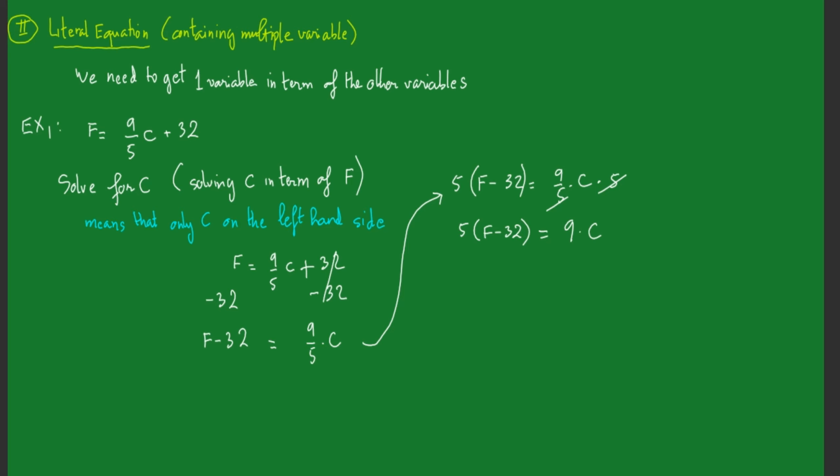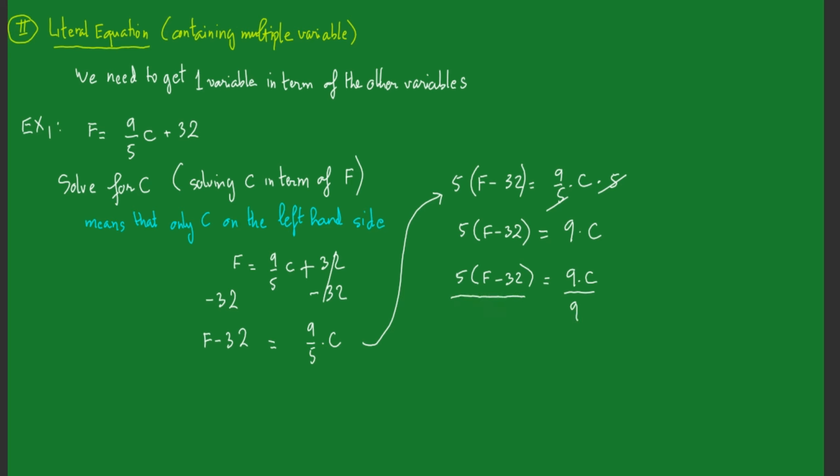And now you want to solve for c, right? That's what the answer is for. So for c, it means that we need to get c alone. Okay, so I'm gonna divide both sides by 9, because c is still stuck with the number 9. Let me rewrite it. So 5 times f minus 32 equal 9 times c. Then I divide both sides by 9.